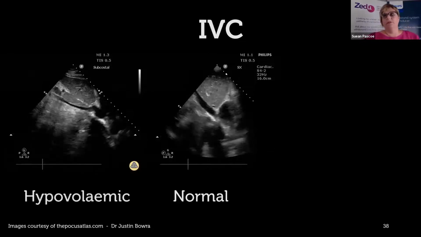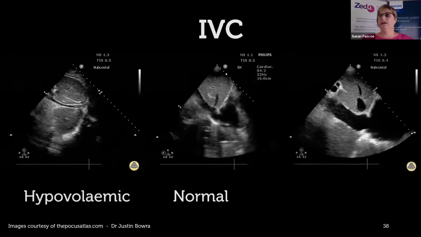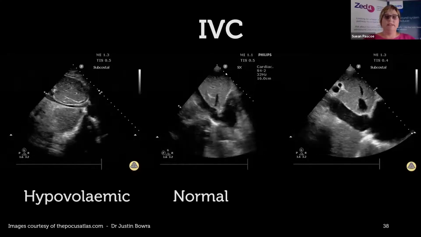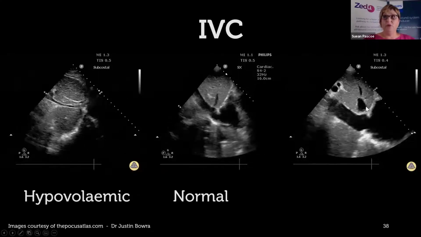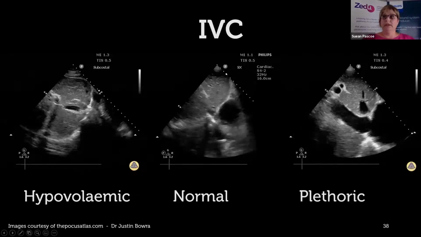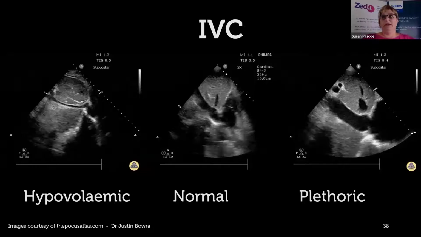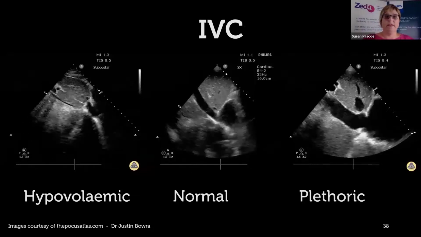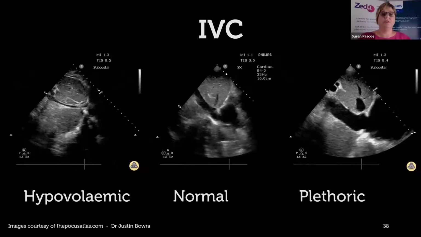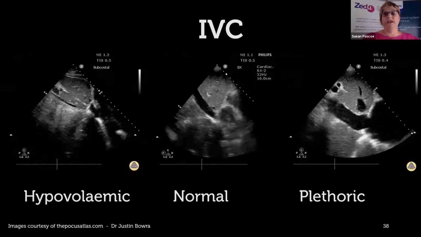And then when you have someone who's in congestive cardiac failure, or maybe they've got a big PE, you see that the IVC is quite distended. If you look up through into the hepatic veins, they're also quite large. When the patient's on overload, you don't get the IVC collapsing, it stays distended and you don't get that respiratory variation in the size of the IVC.